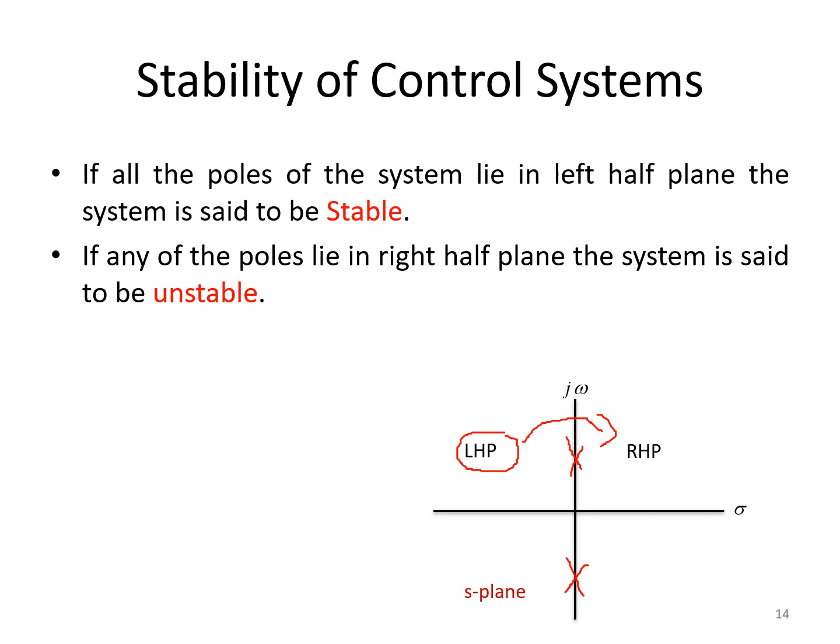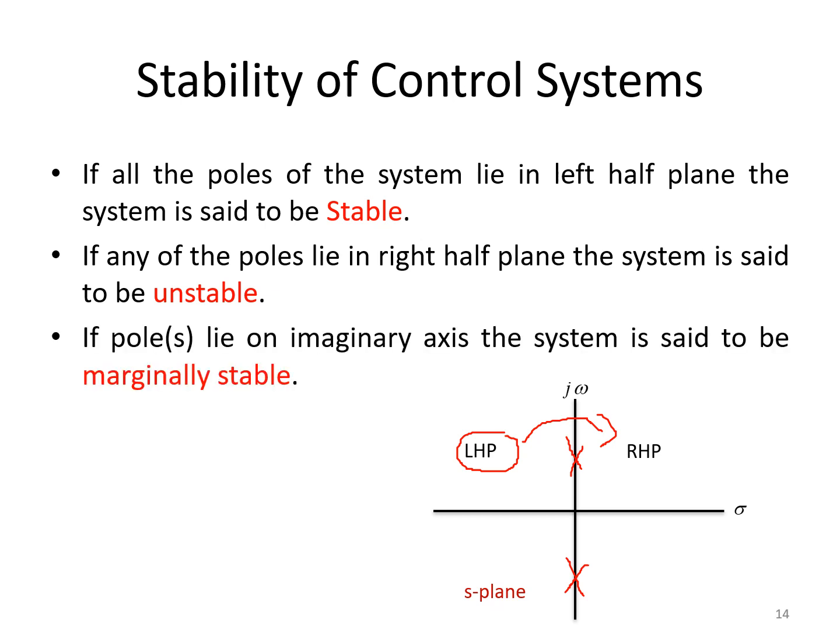If all the poles of the system are completely towards your left half plane, then it is said to be stable. If among all the poles any one comes towards your right half plane, then the system becomes unstable. If the poles lie on the imaginary axis, your system is said to be marginally stable. So that is what I told you here. This is called your marginal stability.